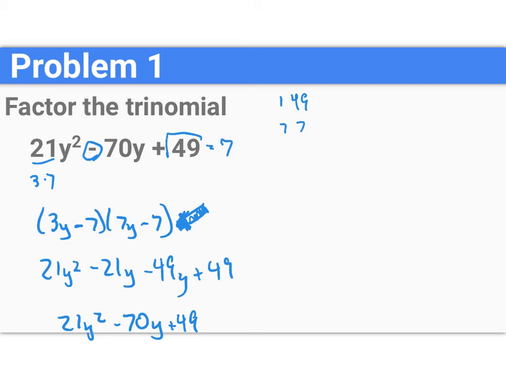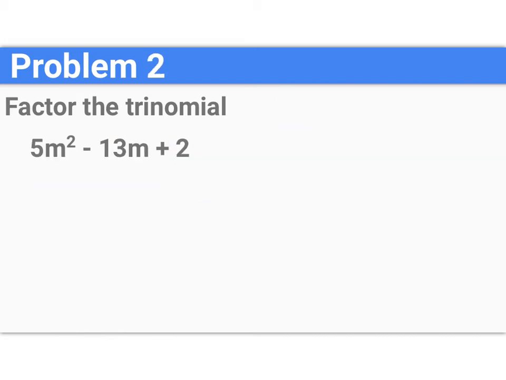Factorable, which is weird. All right. This is easy because 5 is prime, 2 is prime. So let's try 5m plus 2, and then m. Oh, our middle term is negative. So that's the first thing you have to do, is look at the signs in front of your terms. You're going to have 2 negative binomials, m minus 1.